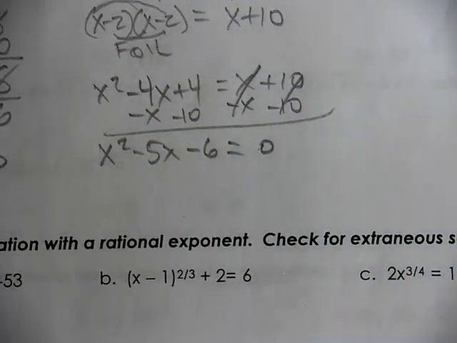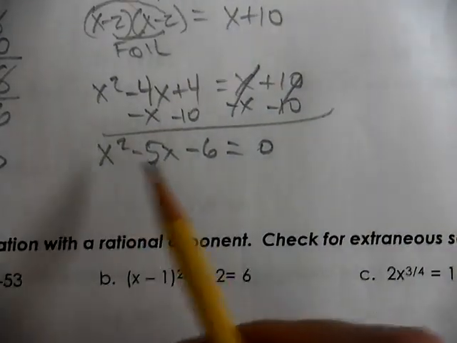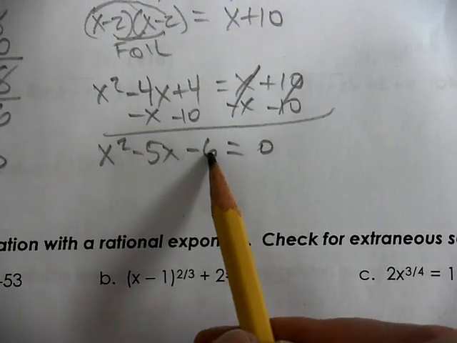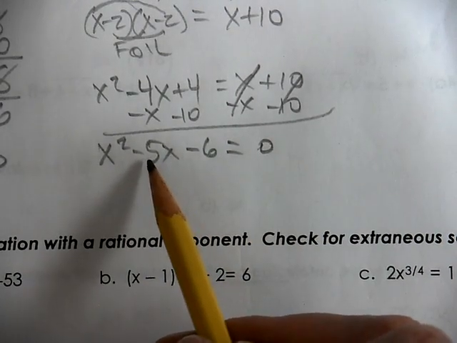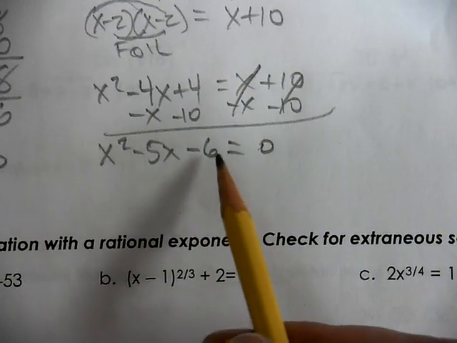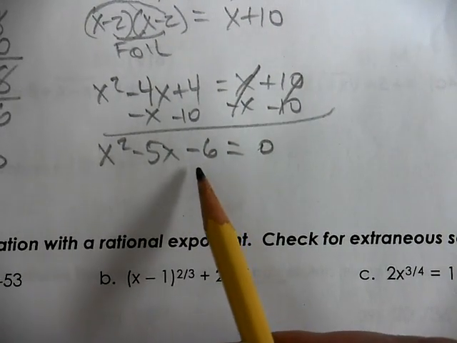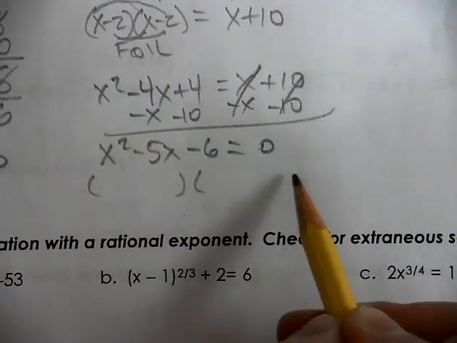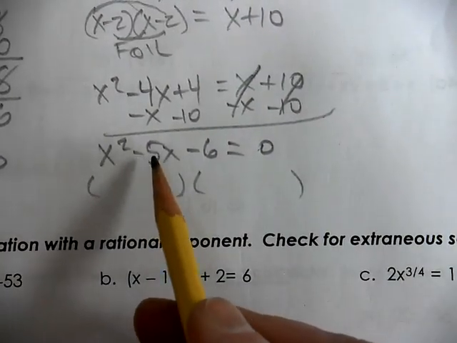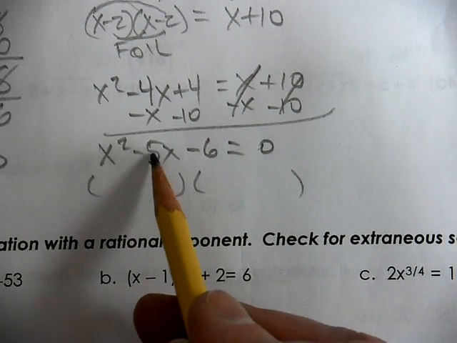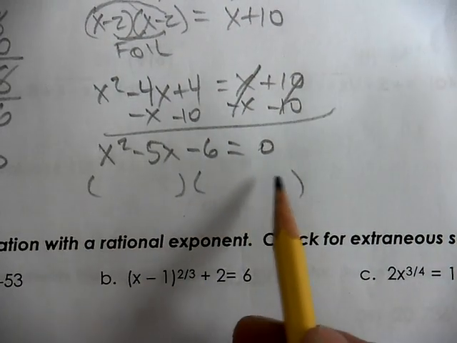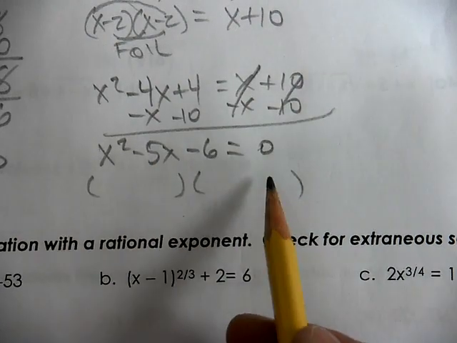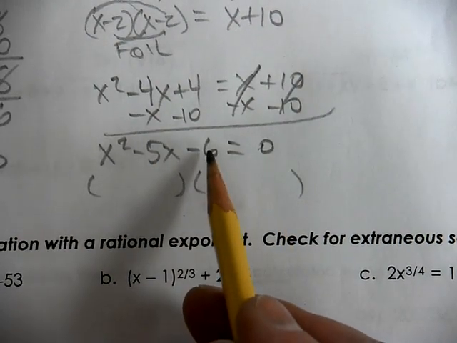People make a common silly mistake in this situation. They're thinking about what numbers multiply to be 6 and add to be 5, and people think of 2 and 3, people think of 6 and 1. But with the 2 and the 3, both of the signs would have to be the same to add to be negative 5. Negative 2 and negative 3 would add to be negative 5, but they multiply to be a positive 6.